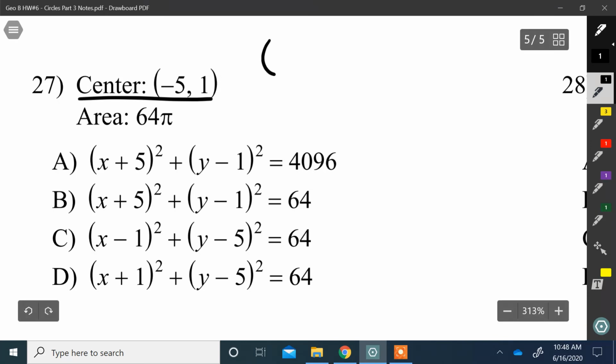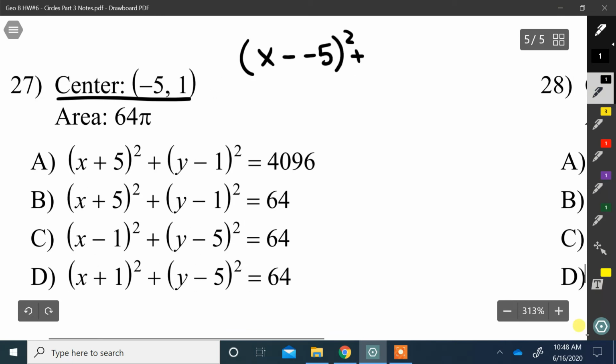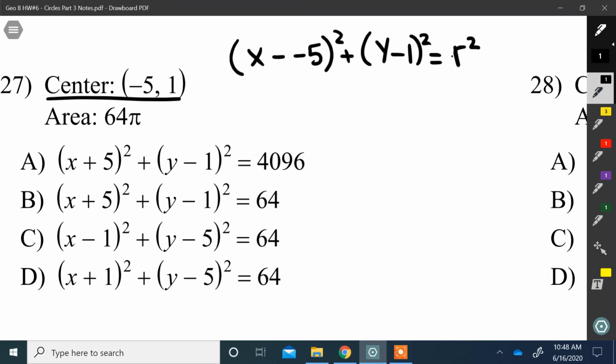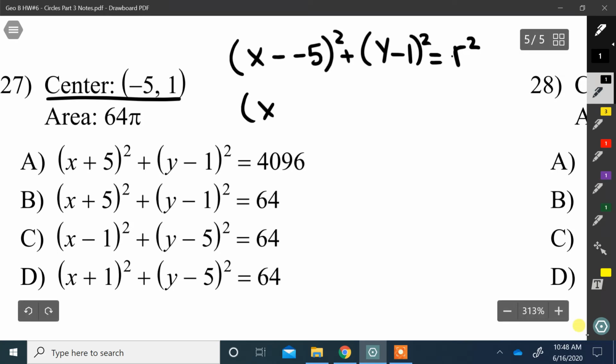Remember that the formula is x minus x1. In this case, it's x minus -5 squared plus y minus 1 squared is equal to r squared. We're not sure what the r squared is, but we can get it very easily in a second.